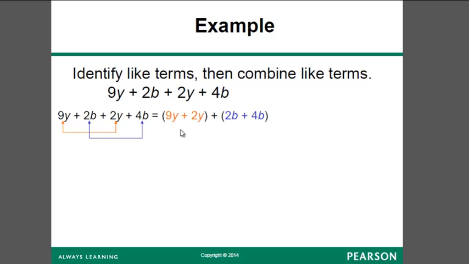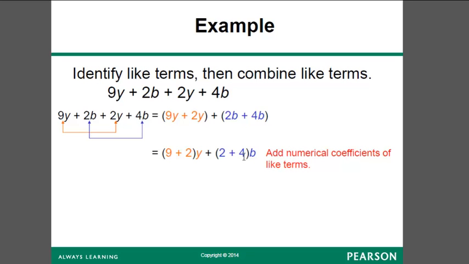So I'm going to rewrite it a little bit and say 9y plus 2y plus 2b plus 4b. And I'm going to combine those. Well, what is 9y plus 2y? What is 2b plus 4b? Again, you can look at it like this, pulling the y and the b out.